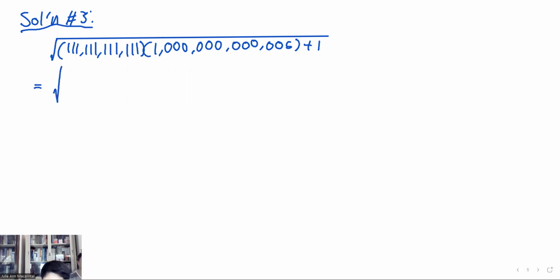So in the geometric series, what will be the formula?